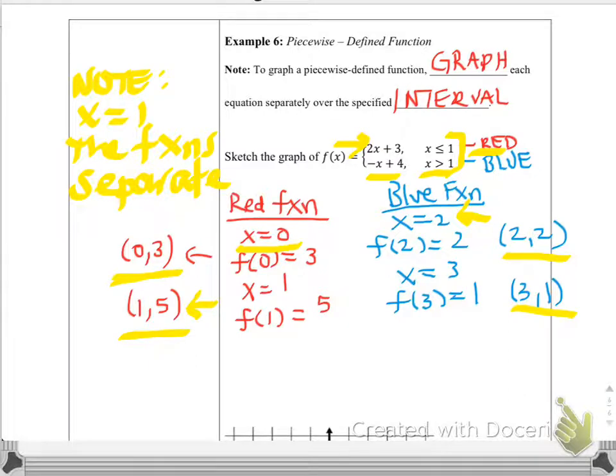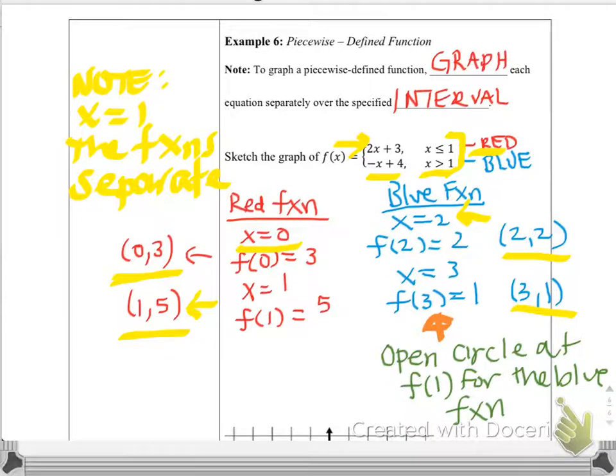Okay, so that 1, even though it's not on the blue function, we need it to know where 1 would be if it was on the blue function. And we need to know that because on our graph, we will have what we call an open circle at f of 1 for the blue function.